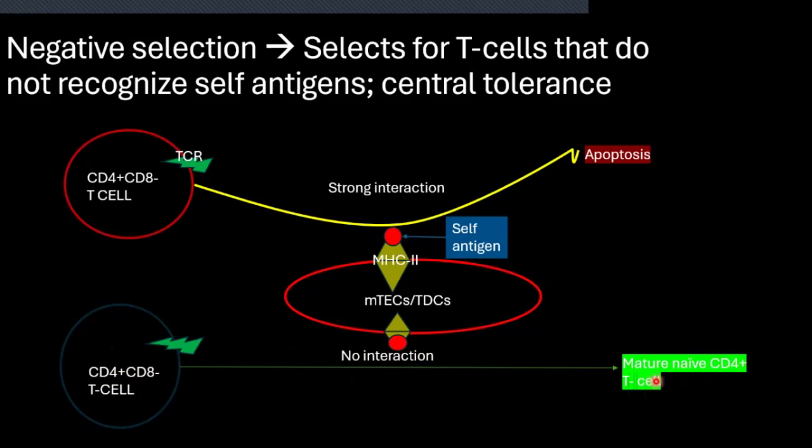Now they exit the thymus and go to seed the peripheral lymphoid organs. So this was the case for CD4. Now CD8 will be just the same. If it was CD8 positive, it would interact with MHC type 1. If there was a strong interaction, the same fate. If there was no interaction or low affinity interaction, the same fate would occur.